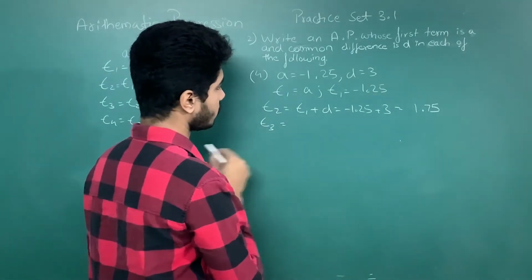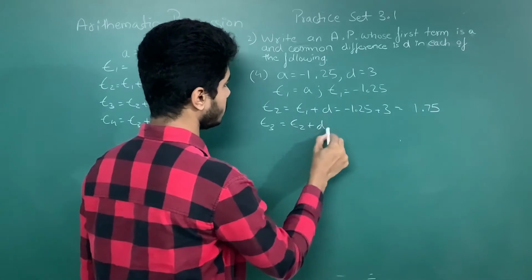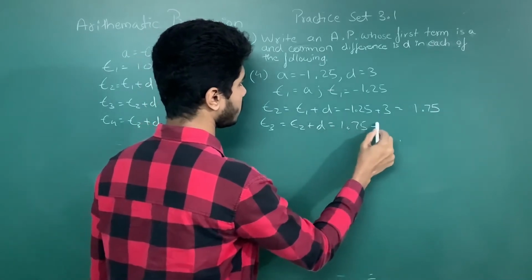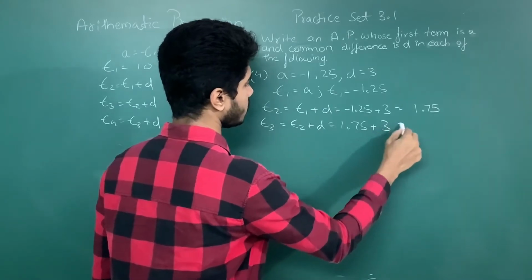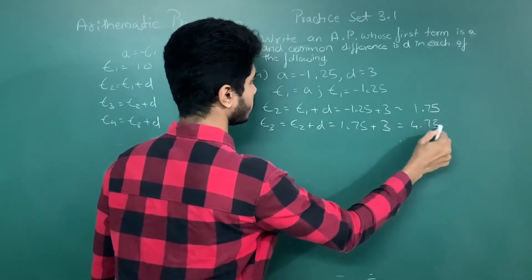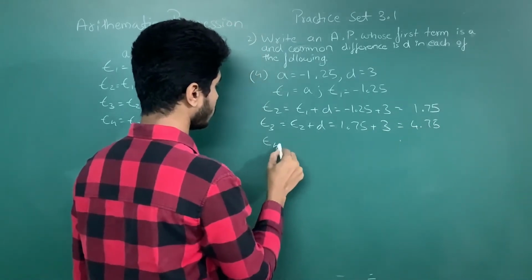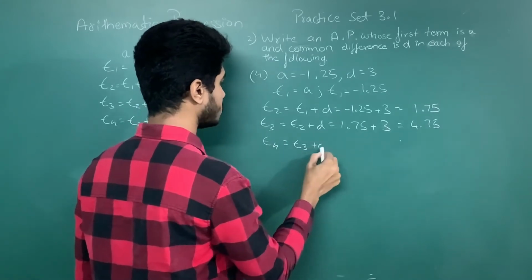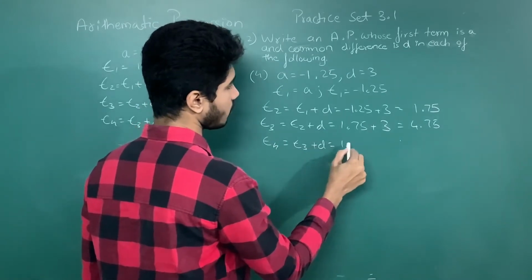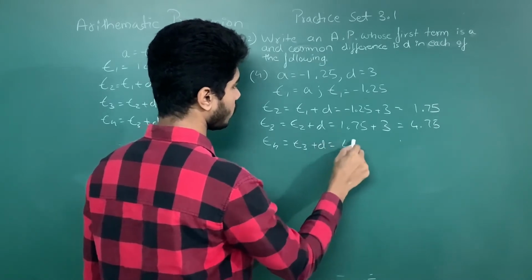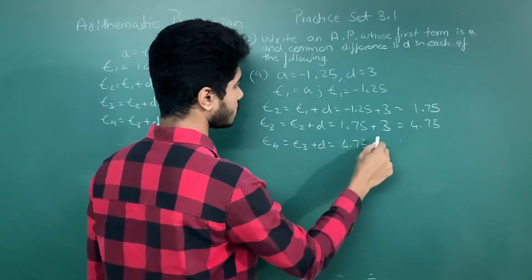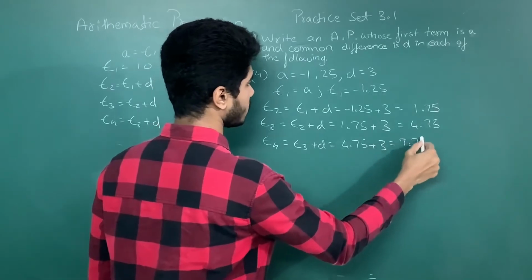T3 is equal to T2 plus D, which is 1.75 plus difference is 3, so we get 4.75. T4 will be T3 plus D, which is equal to 4.75 plus 3, which is 7.75.